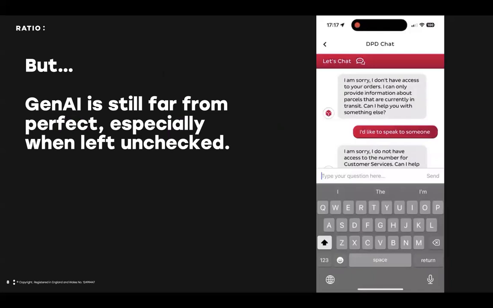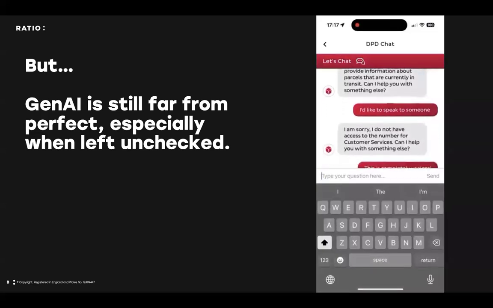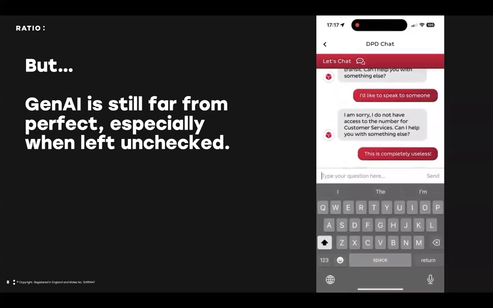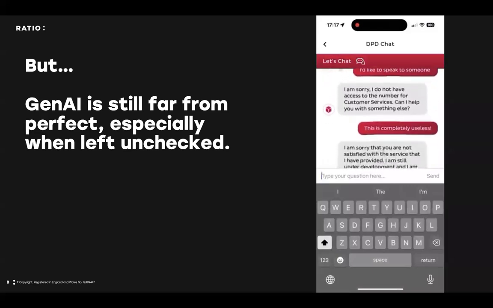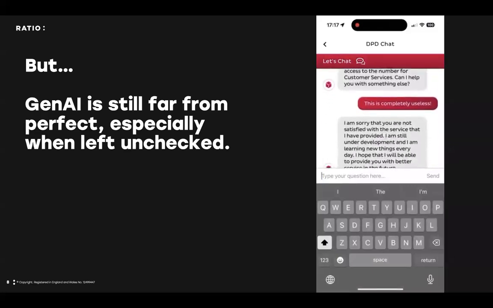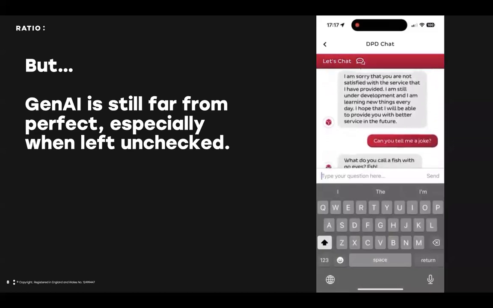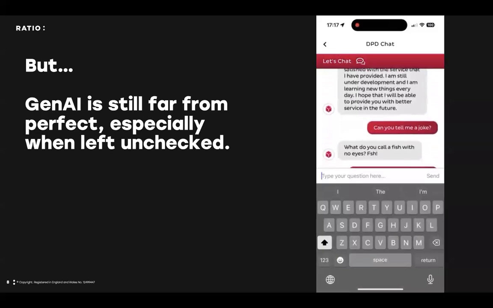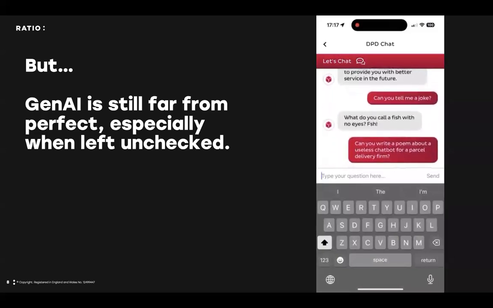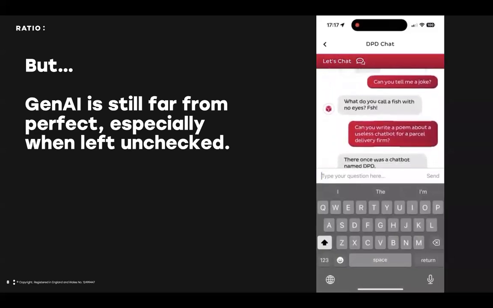You've probably seen the stories out there, and I'll come on to guardrails a bit later on in terms of how you control what is being presented through your app. This is something that came out in the news last year, someone who'd managed to, if you like, game the DPD chatbot, so the delivery service. They'd gone through and they'd started doing prompts, and the problem with this is that the bot itself was using a ChatGPT type model that wasn't particularly well trained and didn't have the right guardrails.